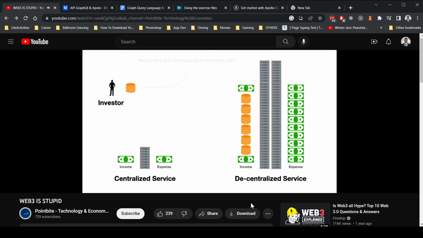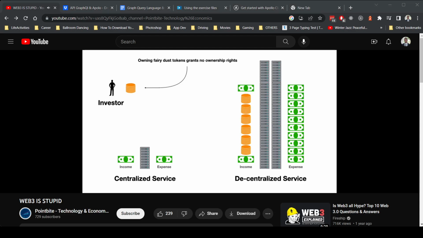In the service provider itself. They're not. Owning fairy dust does not grant you ownership over any service provider or their assets or their income. It just keeps the lights on for another month. They confuse people into believing that by staking their fairy dust, or basically promising not to sell it for a period of time, they will earn income derived from customer fees. They're not. Most of their income, almost all of it, in fact, comes from inflating the supply of fairy dust. The protocol just makes more and deposits it into their account.